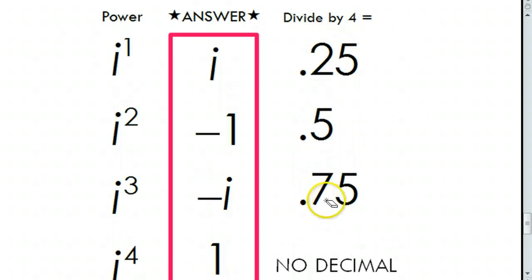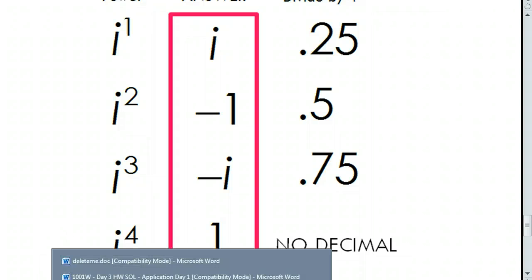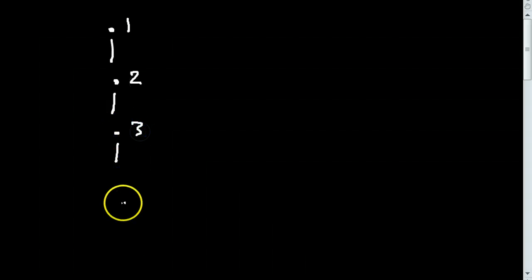I'm going to quiz myself right now, so let's go to a blank paper and see if I can do it. We had i to the 1 power, i squared, i to the 3rd power, and i to the 4th power.